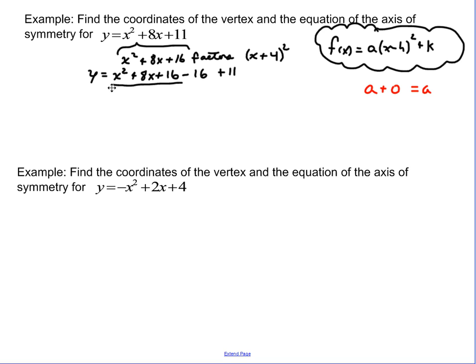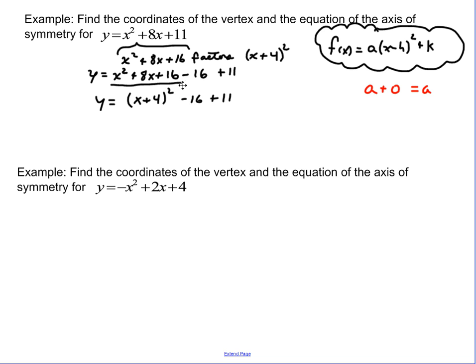We can actually take this piece right here and factor it, because we know that x squared plus 8x plus 16 is a perfect square trinomial with factorization x plus 4 squared. And we're left with negative 16 plus 11 at the end. The key here was that I added and subtracted the completion of the square in situ, in place.